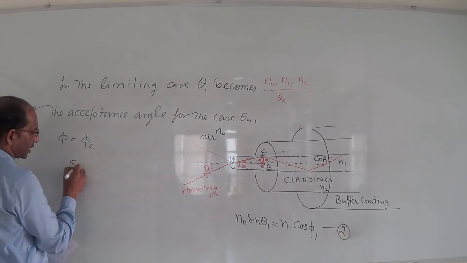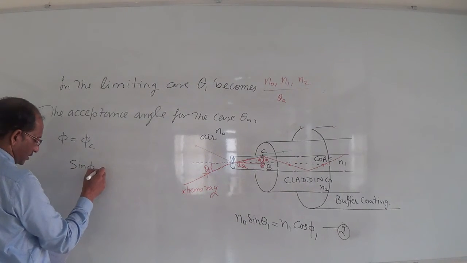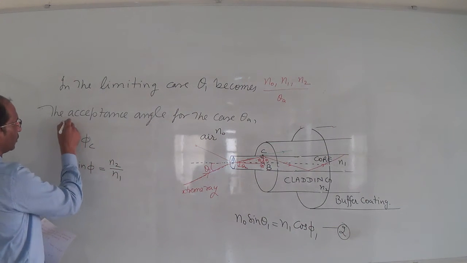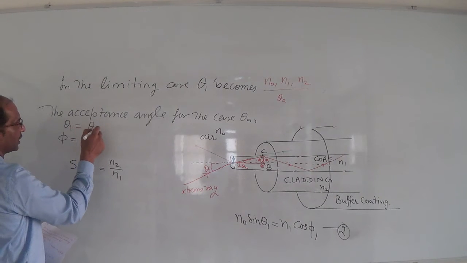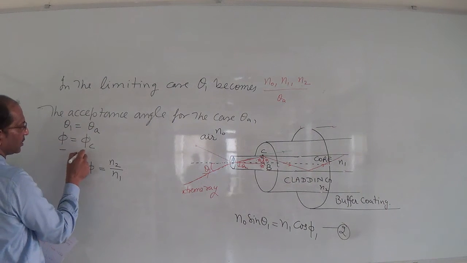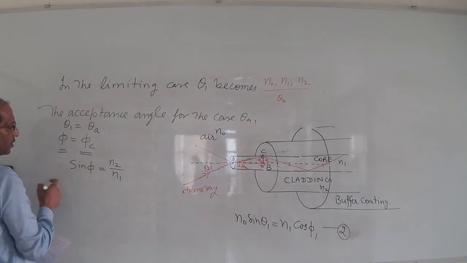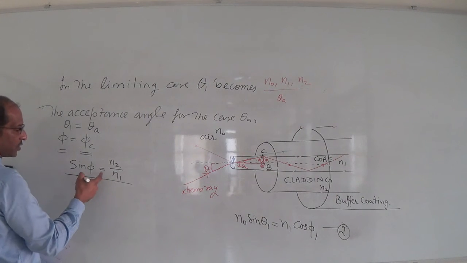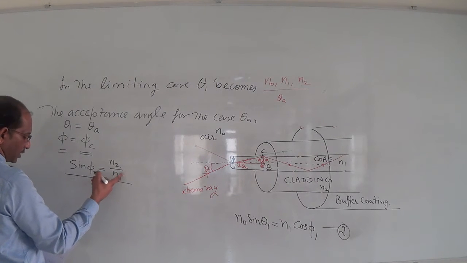So now you can write sin phi is equal to n2 upon n1. When theta 1 is equal to theta a and phi is equal to phi c, then one can write sin phi is equal to n2 upon n1.